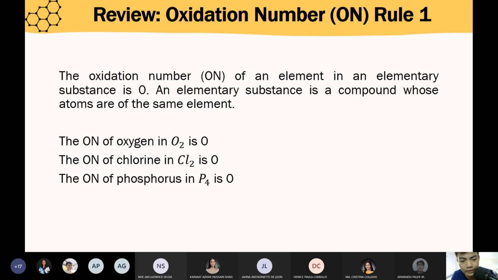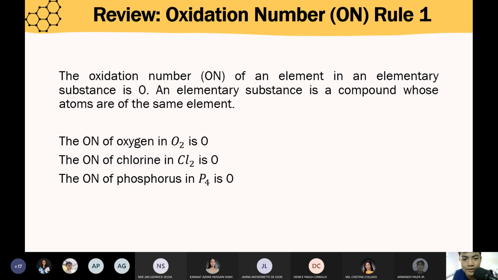So, first rule, ito. Sabi dito, when your substance is in the elemental state, or elementary substance siya, ibig sabihin, the oxidation number of the element is 0. So, ano ba meaning when your substance is in the elemental state?